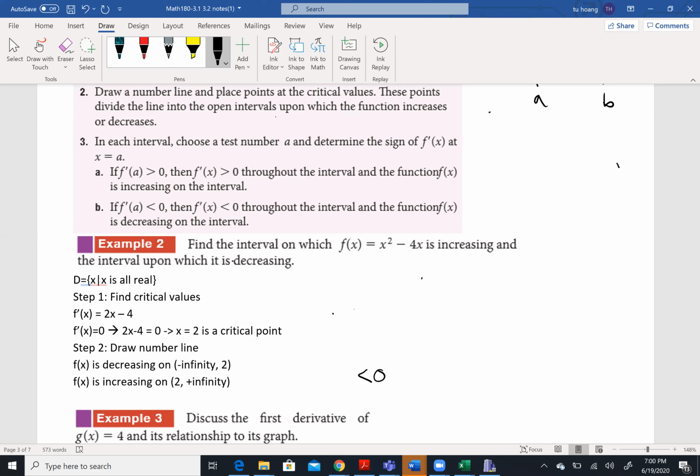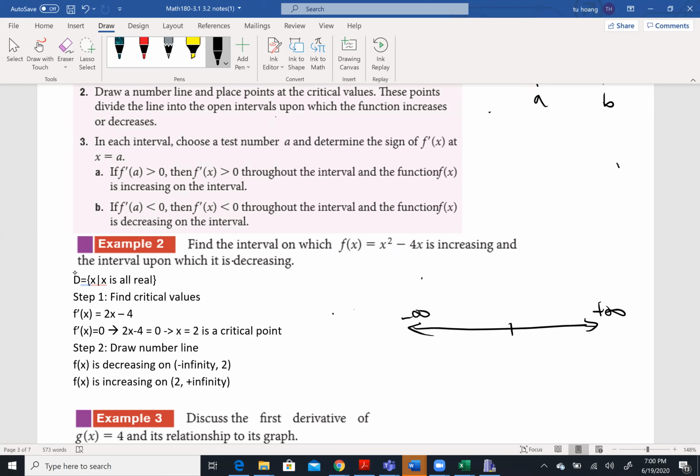So now you're going to draw the number line. You start from negative infinity to positive infinity, and you will place the critical values on the number line here, right?